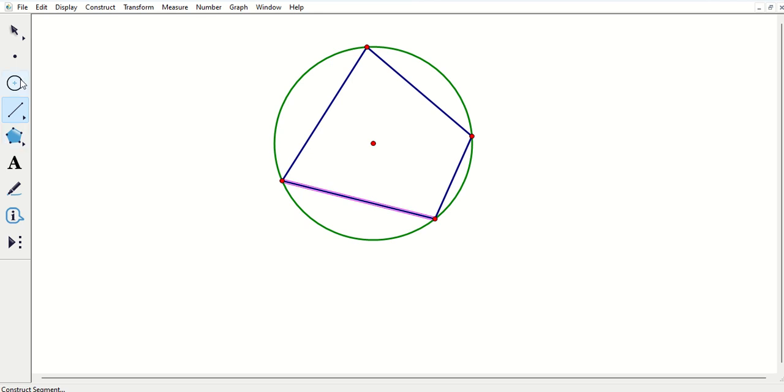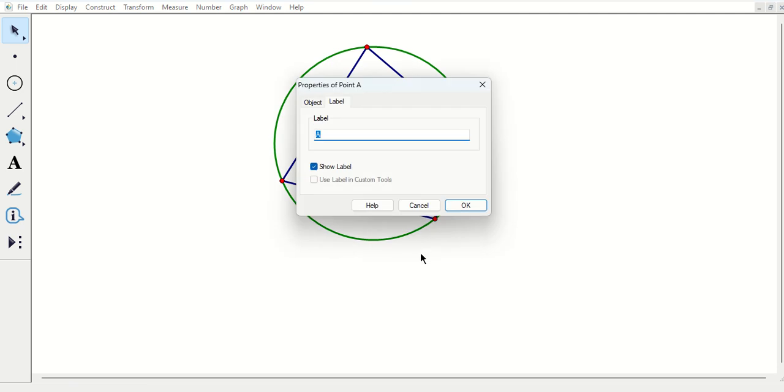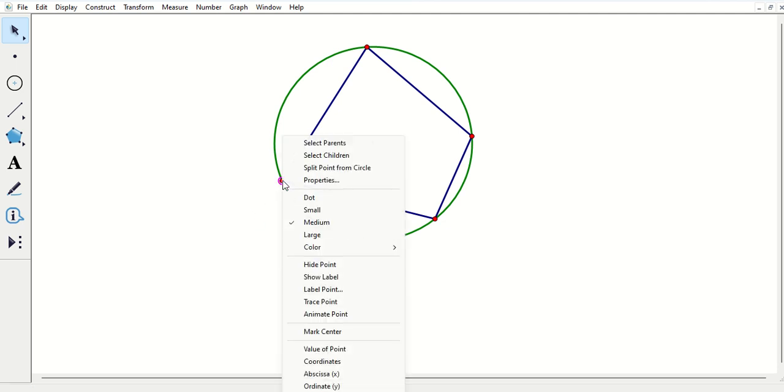So now let's label the points. I want to label the center as O. So what I'll do is label point and then I'll label it as capital letter O. Let me use my caps lock. So here's my capital letter, and I want all the other points to be A, B, C, and D.